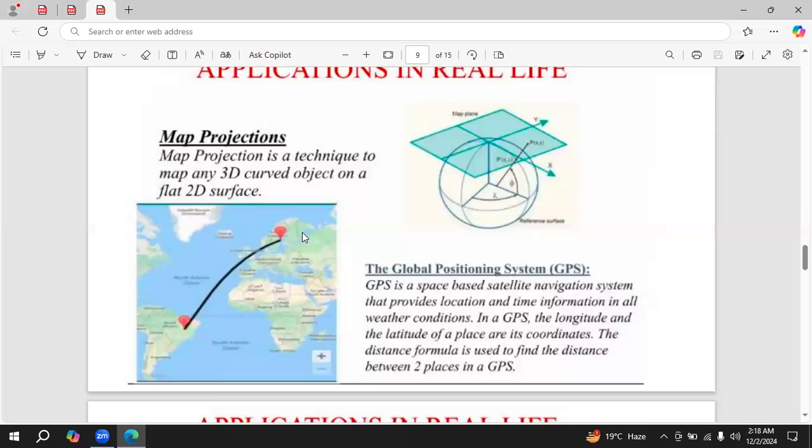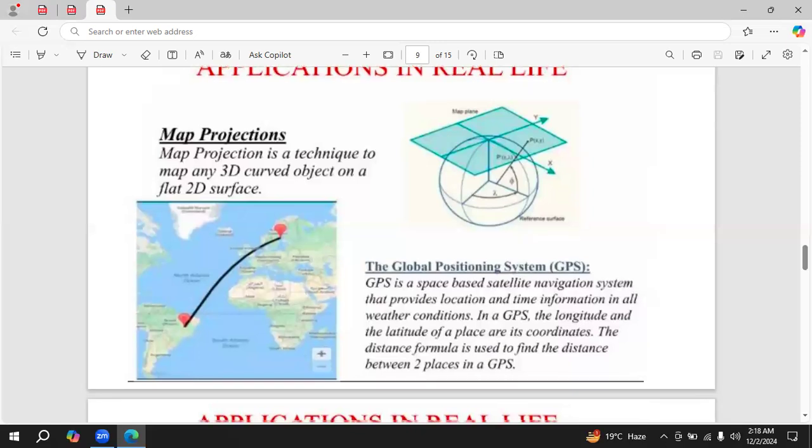So the coordinate system works for the global positioning system. In a GPS, the longitude and the latitude of a place are its coordinates. The distance formula is basically used to find the distance between two places in the GPS.